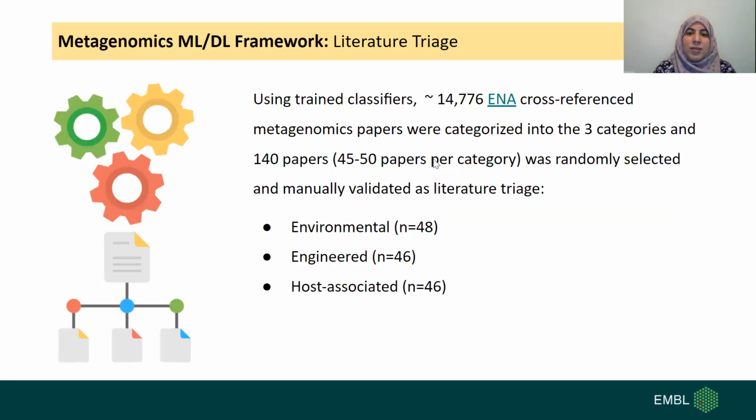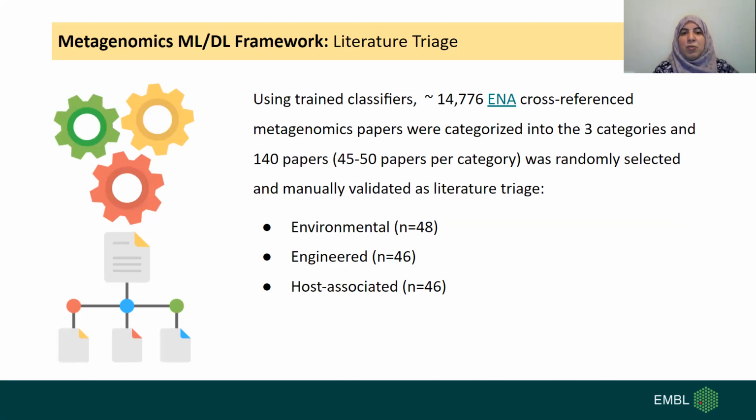The next step was that I would like to identify new metagenomics papers, not only the ones linked to MGnify, because MGnify was kind of biased toward marine and human. So I wanted to cover more environments.